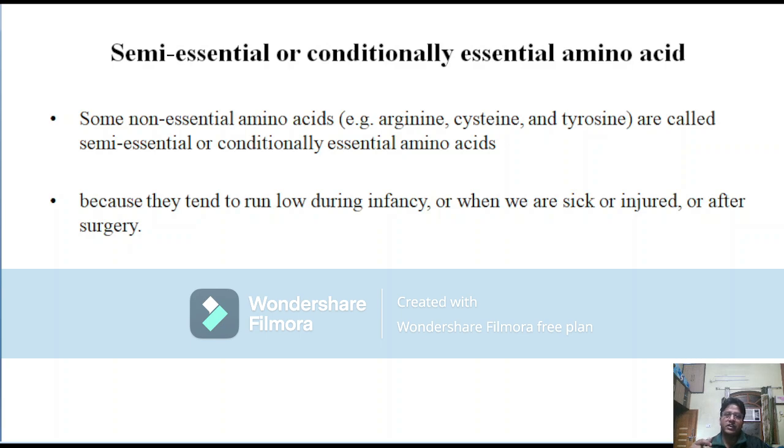In these conditions, the concentration of arginine, cysteine and tyrosine, which are otherwise non-essential amino acids, becomes very low, so we have to supply them in the form of food. So these are considered semi-essential or conditionally essential amino acids.